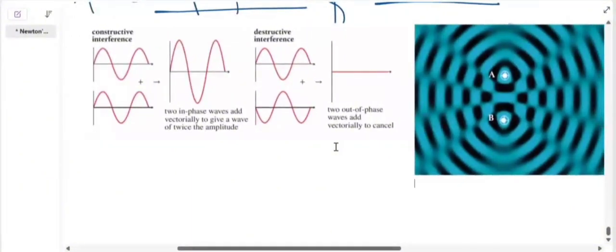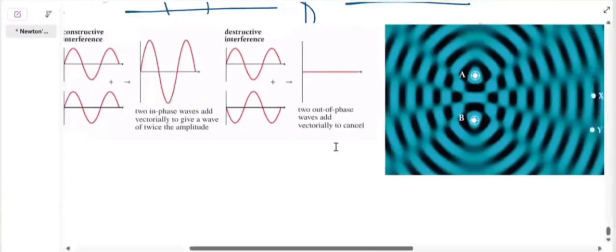Now we can see that there are regions where X and Y are also seen in this particular wave. If we look carefully at the waves arriving at points X and Y from A and B, we see that at X they are in phase and at Y they are out of phase.